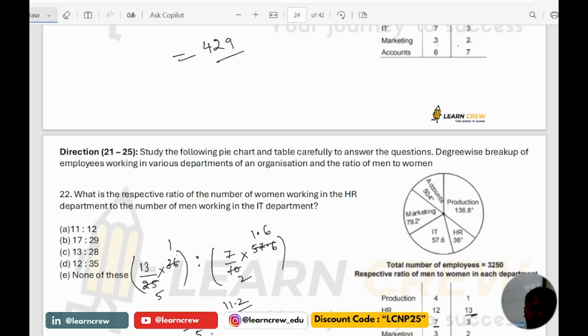So I am taking the LCM of 5 into 10. I am multiplying each with 10. So I will get how much if I multiply this with 10 and this with 10. So 5 2s, 2 5s. So I am going to get 13 2s, 26. 11.2 into 5, it is 56. So finally it is 13 is to 28. 13 is to 28 is the answer.